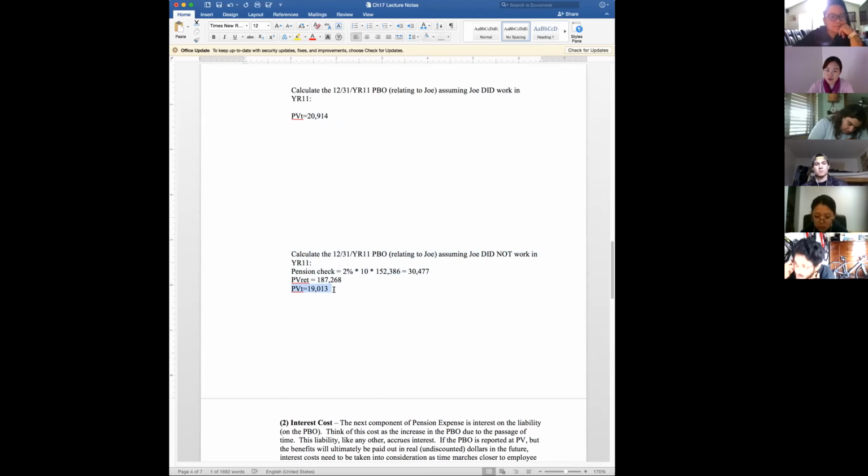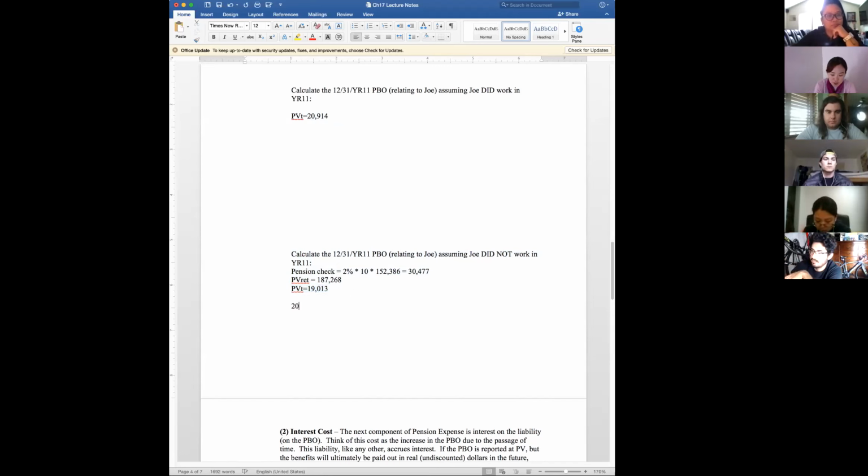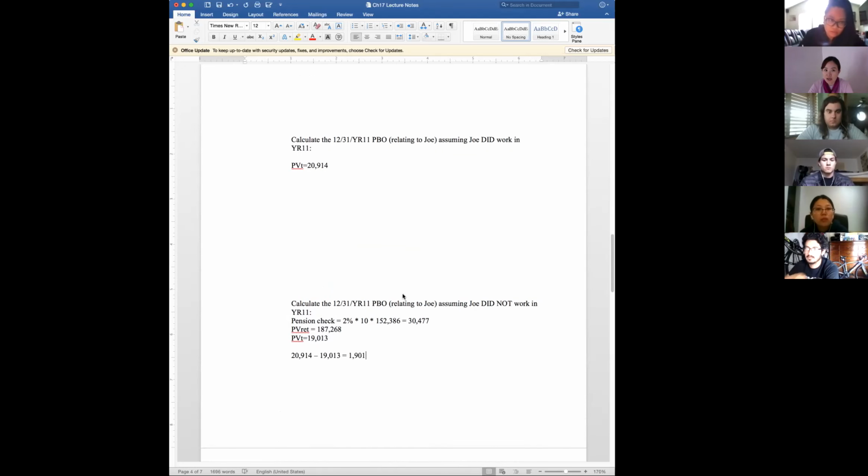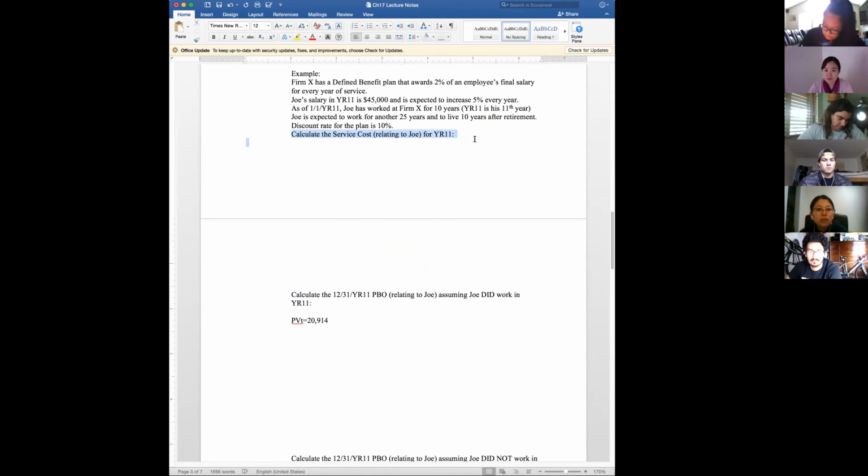So the difference between these two numbers is basically how much the PBO balance increased because of Joe's service during year 11, which is his service cost for year 11. So if we take the difference, 20,914 minus 19,013, that is 1,901, which is the service cost that we calculated in the first problem.